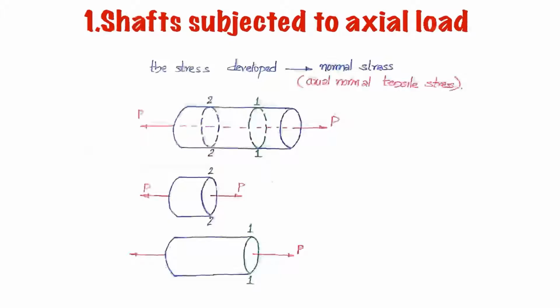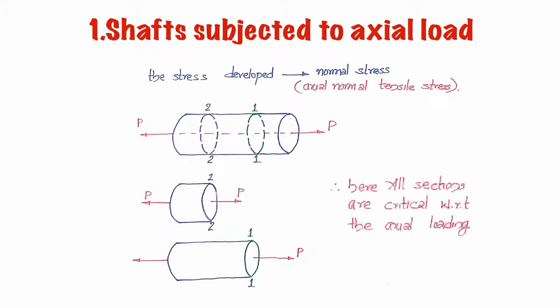If you are taking two sections, 1 and 2, and drawing the free body diagram with these sections, you will see that the same force is transmitted through both of the sections. So you can conclude that the same axial load is passing through all cross sections, meaning all cross sections are subjected to maximum axial load, meaning all cross sections are critical. So for a shaft subjected to axial load, all cross sections are critical.